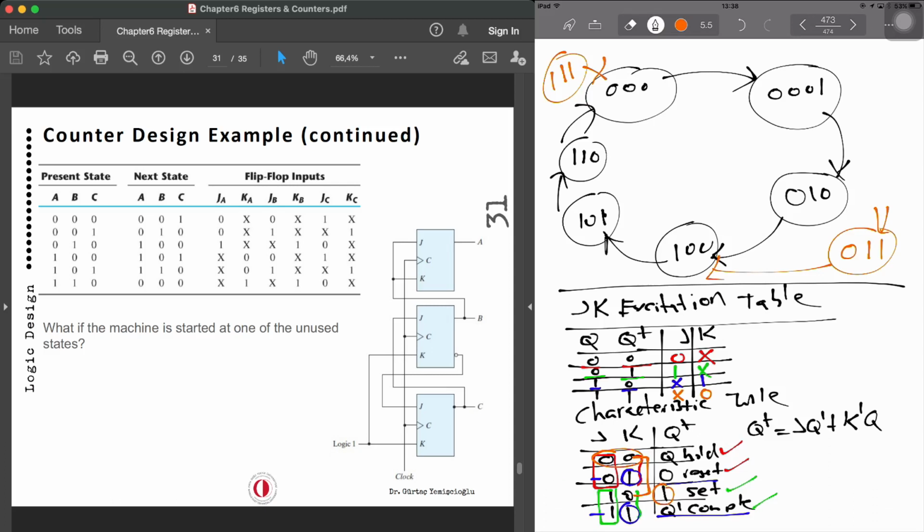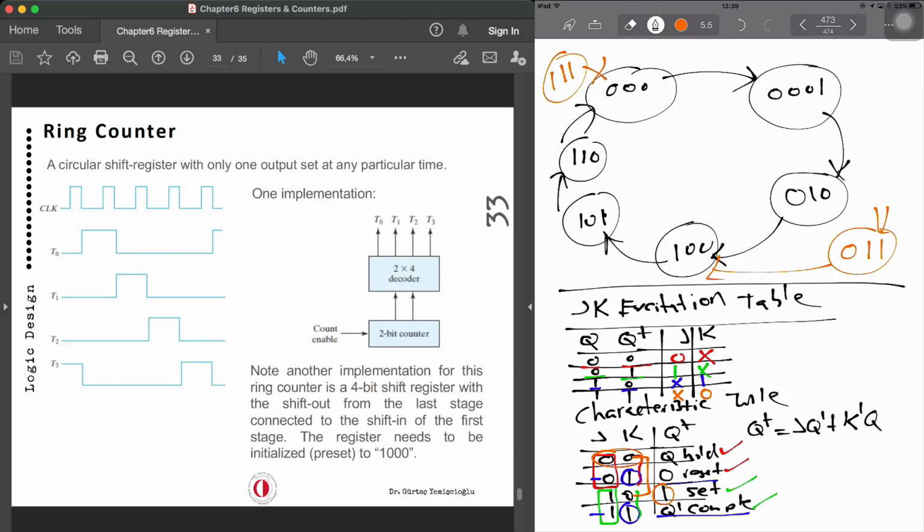Now, another counter that we can see in the literature is the ring counter. Now, with the ring counter, as the clock is ticking, it's actually going around and starting again. So that's known as a ring counter. Now, how does it work? So 2-bit counter, okay? So 0, 0, 0, 1, 1, 0, 1, 1.